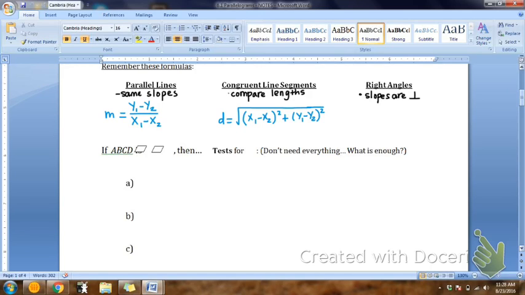The opposite reciprocal. So you're going to be checking to see if slopes are opposite reciprocal. We're just going to abbreviate. Opposite reciprocal slopes. That's how we know that we have a right angle.